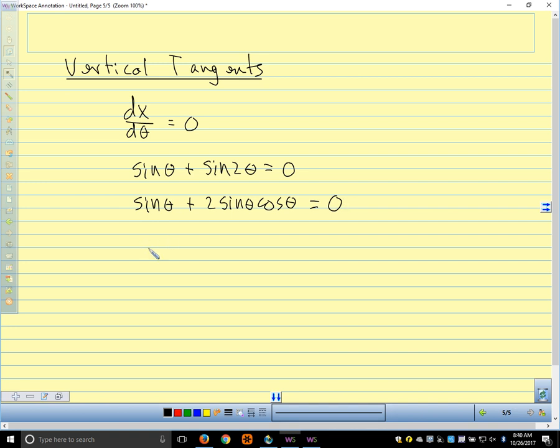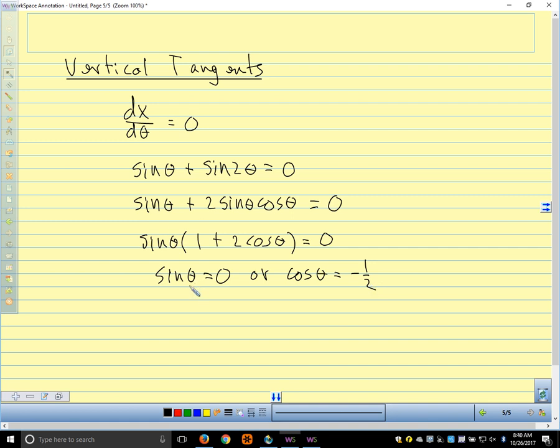Factor, yes. Sine theta times 1 plus 2 cosine theta equals 0. So sine theta equals 0, or cosine theta equals -1/2.